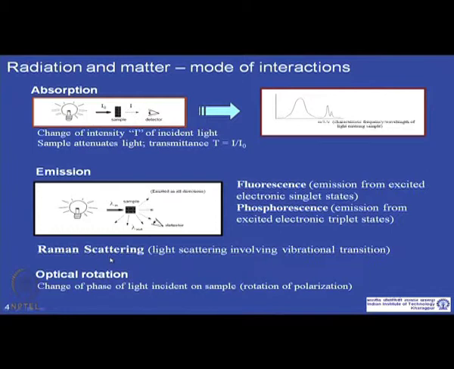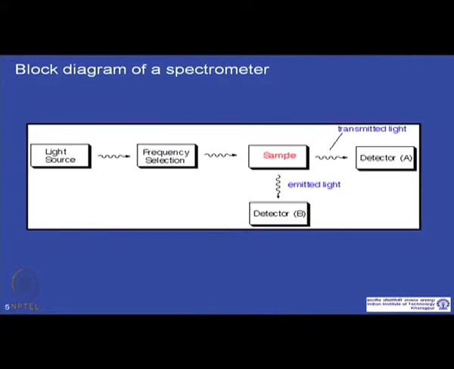The other type of interaction is scattering and optical rotation. The sample might change the polarization of the light, causing a change in optical rotation. In a very simple manner, these instruments work like this: there is a light source and a frequency selector which selects a single frequency, or you can let the entire light in that particular region of interest pass through.